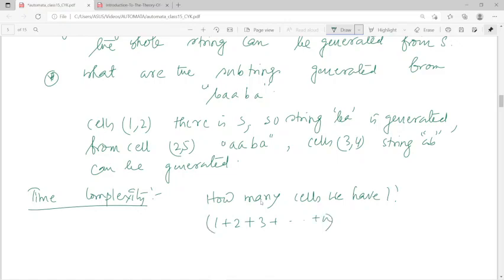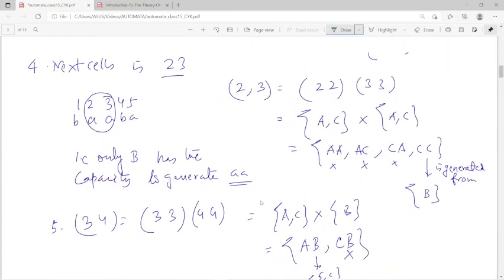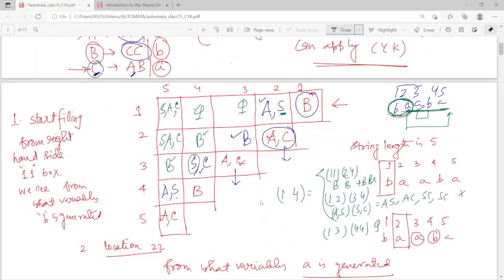If you see it carefully, in the fifth row we are filling only one cell, in the fourth row we are filling two cells, and it is increasing likewise.